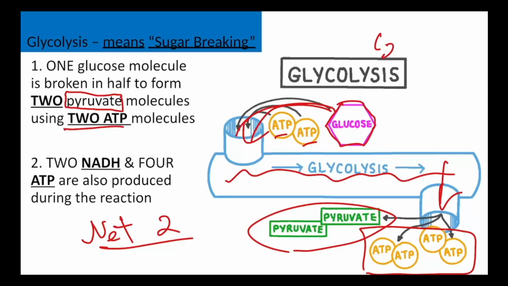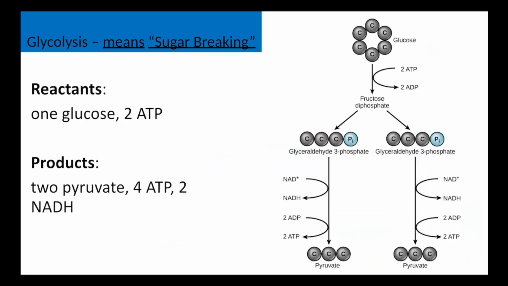So you need to know where it occurs, the cytoplasm, what comes in, what goes out. And they call that part where you spend 2 ATP to initially break that glucose the energy investment phase.